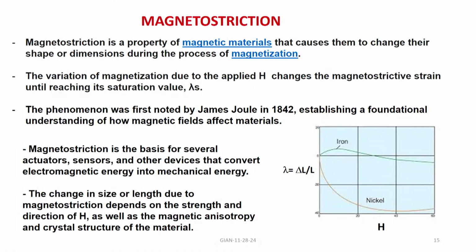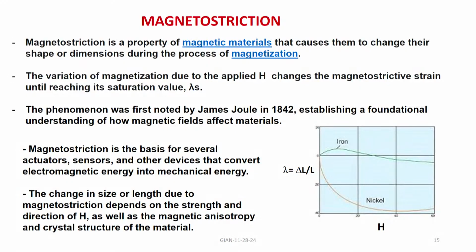And magnetostriction is also related to the motion of the domains under a magnetic field. So, as we know, when you apply an external magnetic field, these domains will either rotate or move, grow with maximum volume toward the field direction.